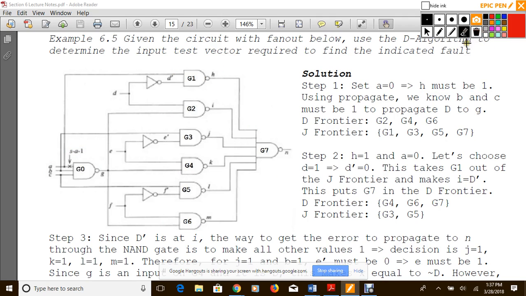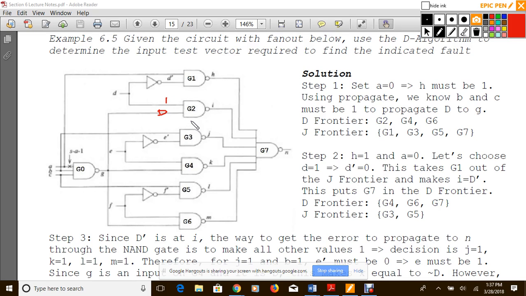So next, we have H is 1 and A equals 0. So now we have to start choosing values to see if we can propagate, right? So we know that D is here. So if we have a 0, but we're getting a 1, and we want to propagate D to the output of a G, we have a 1 here, right?